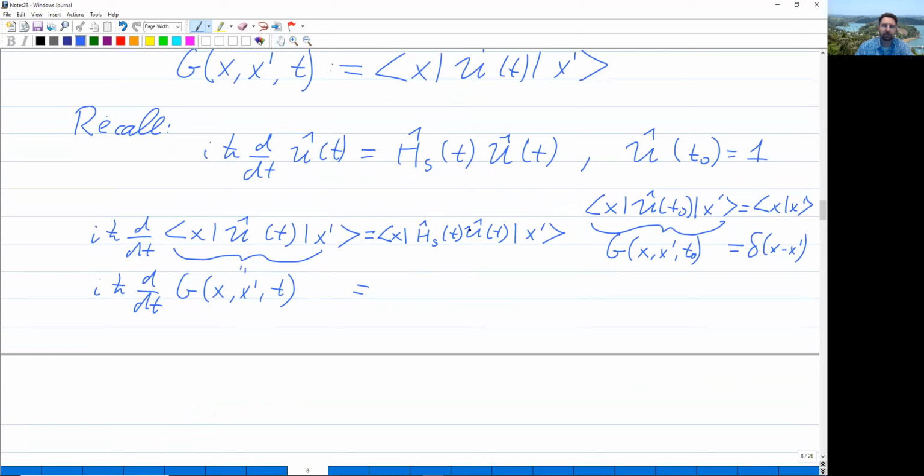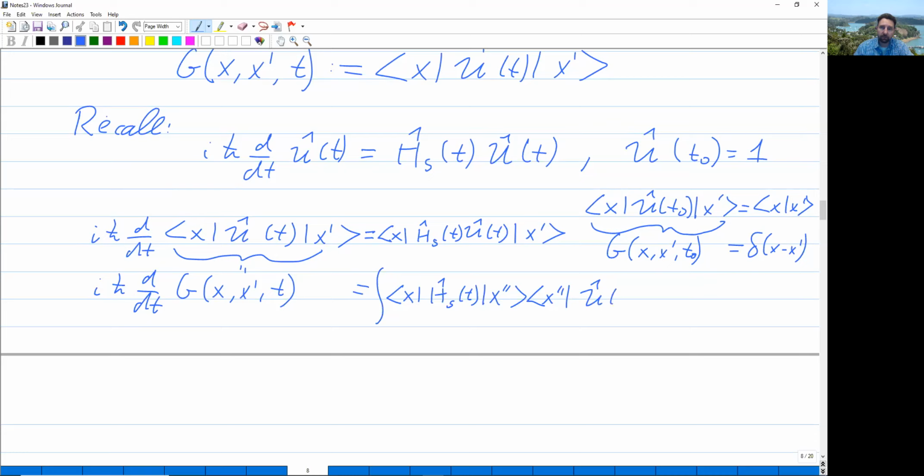Let's just insert the resolution of the identity now, namely in here, right? At this location here, we put the resolution of the identity. Then we have equal to the integral of x, and then h hat s of t, and then x double prime, because x prime is already taken. This here is our resolution of the identity in terms of the position vectors.